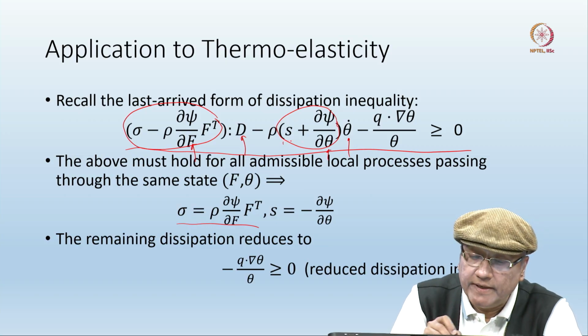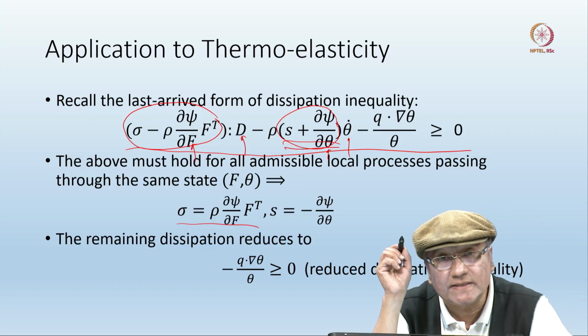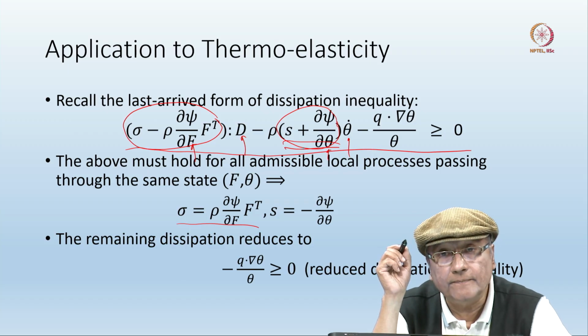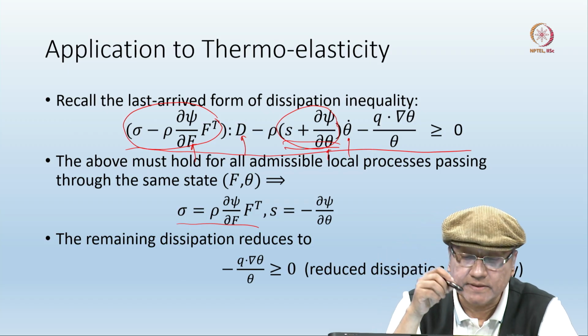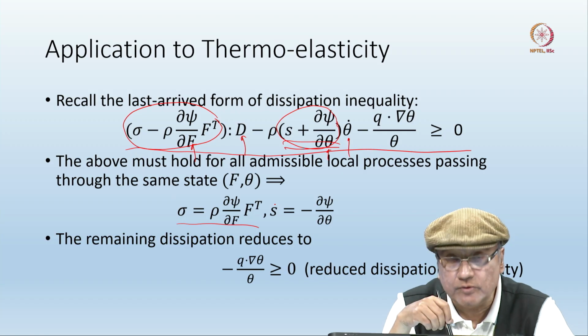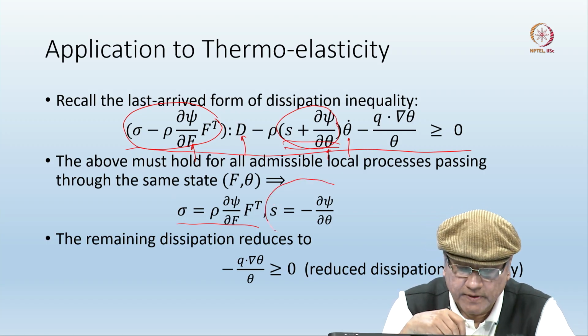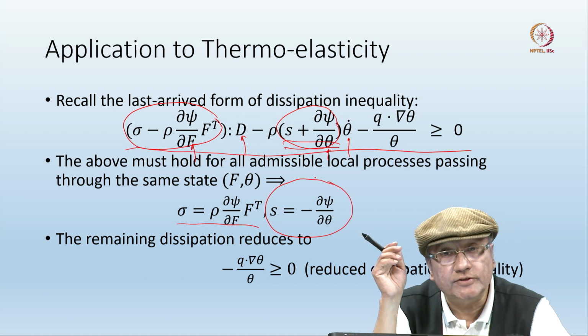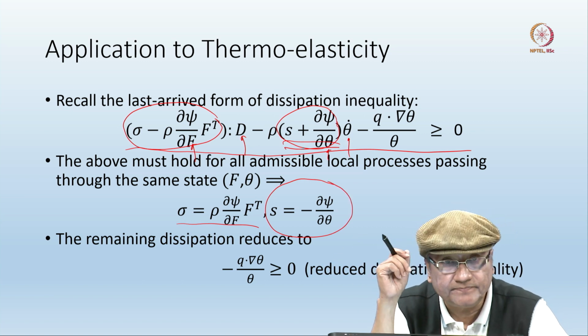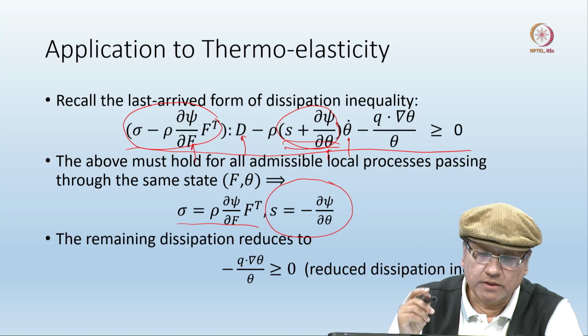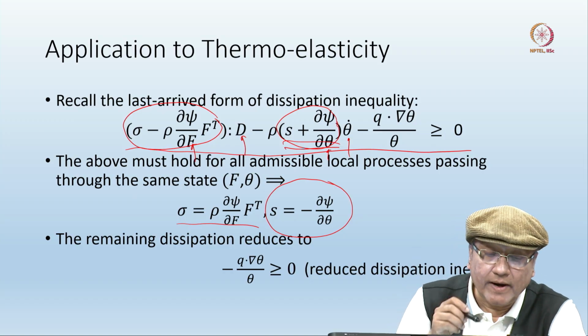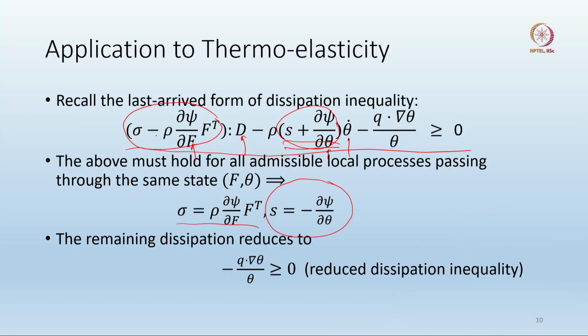Now, from here we get another very interesting thing. This simply says that the entropy must be equal to the negative of the derivative of the free energy with respect to temperature. Then what happens if these circled things on the top are 0?